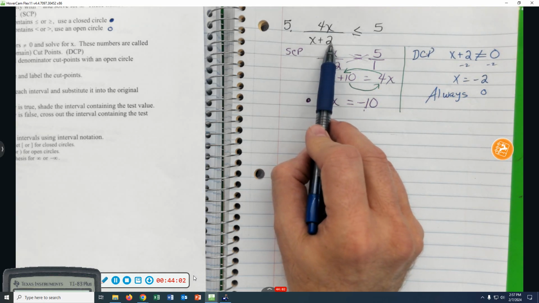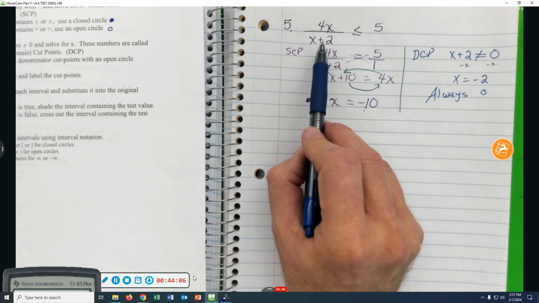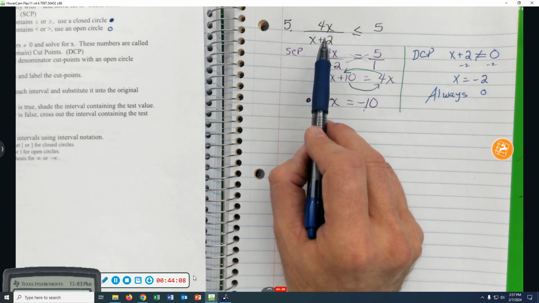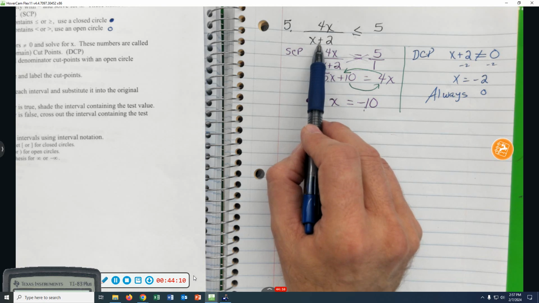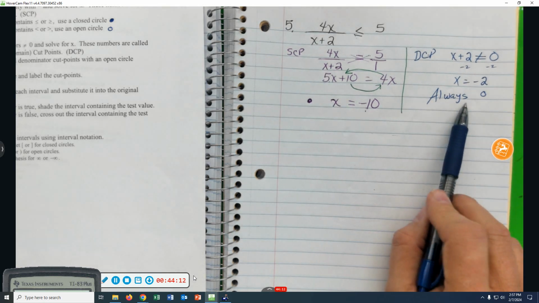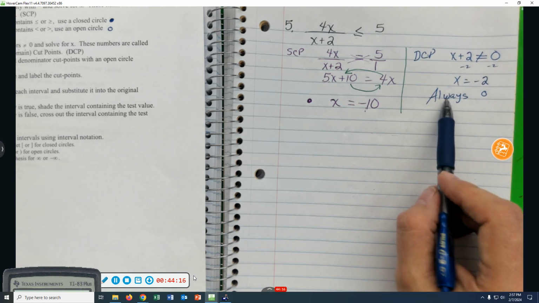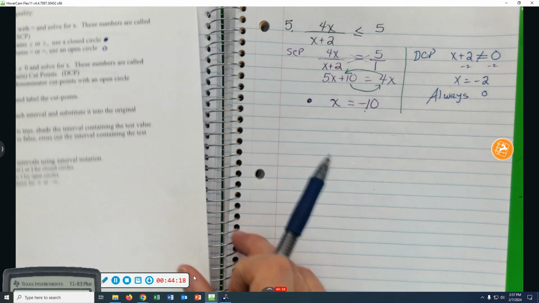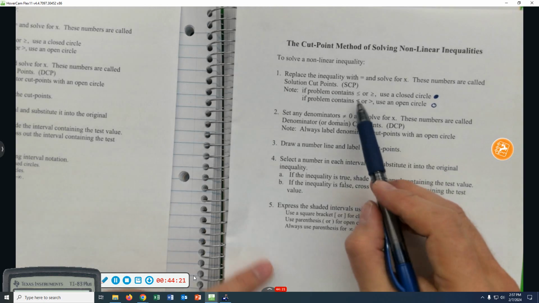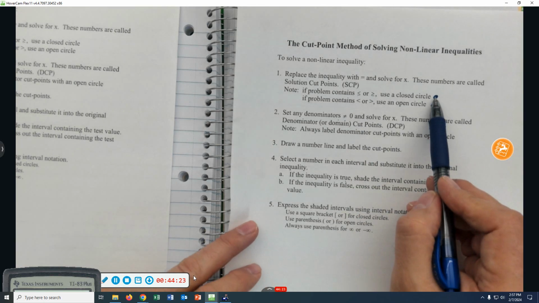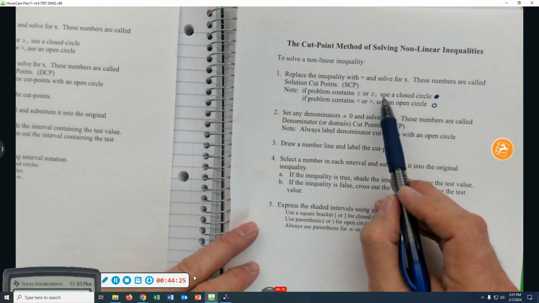Negative 2 plus 2 is 0. Do you ever want a denominator of 0 for a fraction? No. So for the denominator cut points, always, always, always have an open circle there. Okay? It's for the solution cut points that you have to look at the symbol to decide.